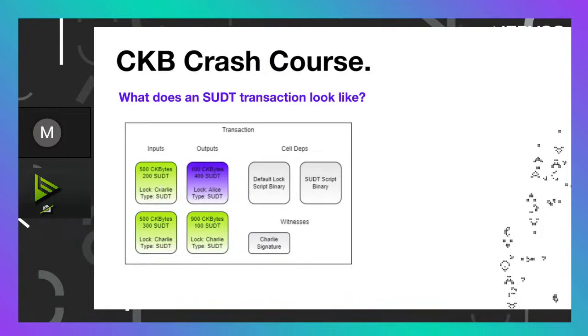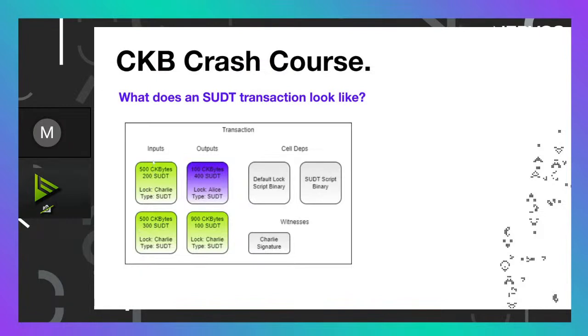I forget exactly. It's a numerical value in binary. Anyway, what's important is that the token balance is the data in this cell. You can hold, like I said, any type of data in this cell. When you're using the type script for SUDT, that data is going to be the token balance. So that's the one piece of information that's not actually reflected here.